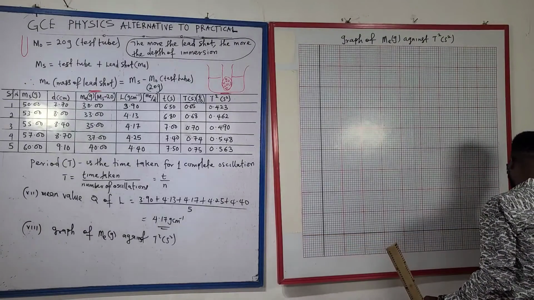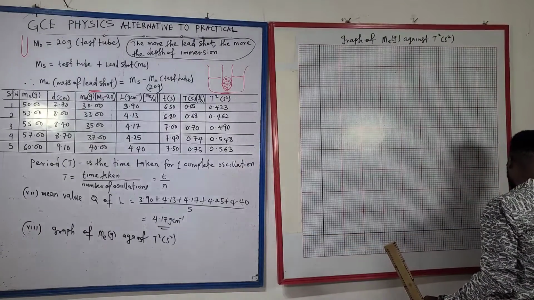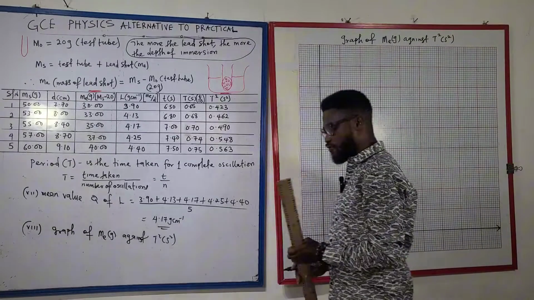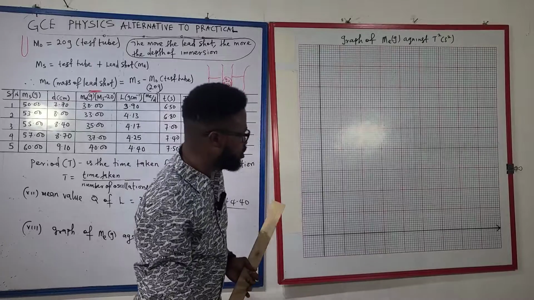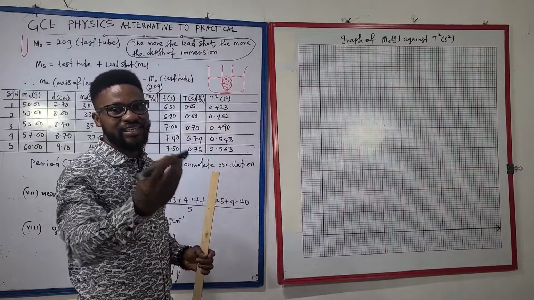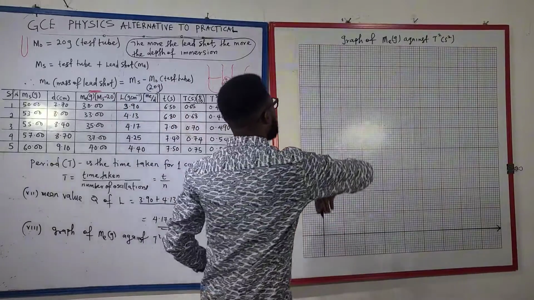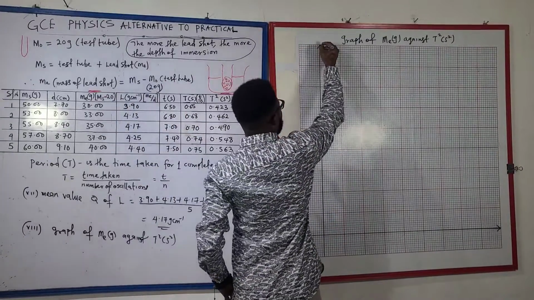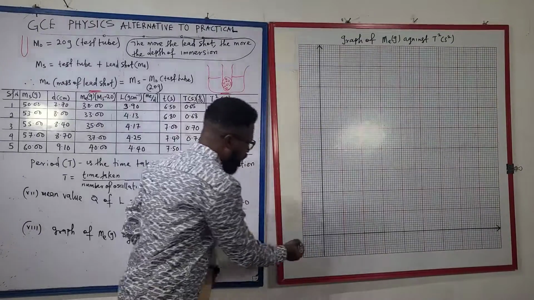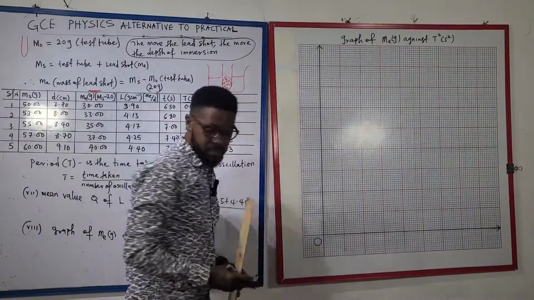Okay, I've been able to do that successfully. Of course, it's a lot easier when you are plotting your graph with a pencil as against using a whiteboard marker. But regardless, the important thing is for you to get the scale. So I'll be starting both from the zero origin.